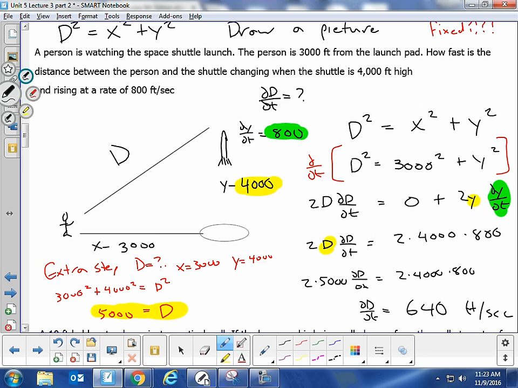Okay, picture helps. What's fixed helps. Doing that extra step finishes things off.